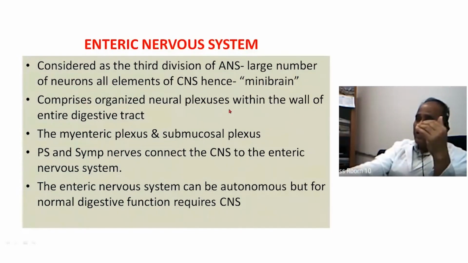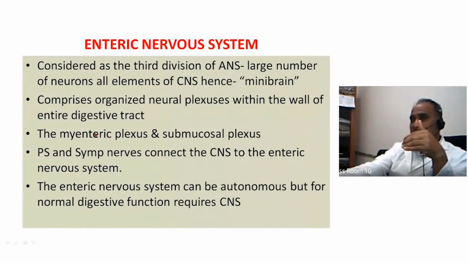So it has organized neural plexuses in the wall of the entire digestive tract. These are the myenteric plexus, in between the circular and longitudinal smooth muscles, and the submucosal plexus below the mucosa. The parasympathetic and sympathetic nerves connect to these plexuses.